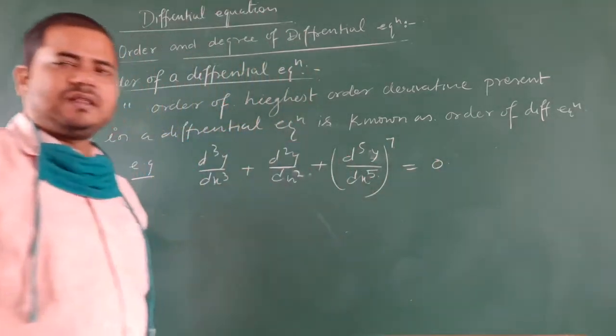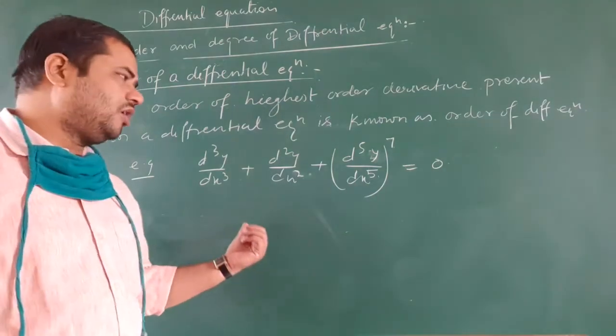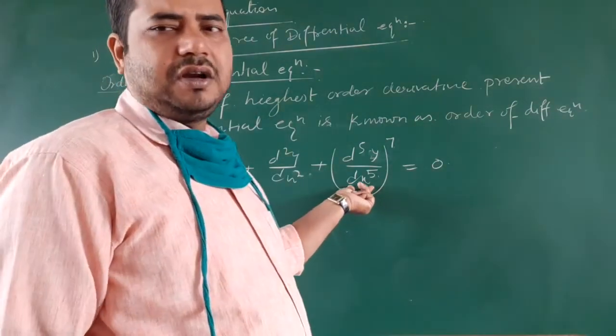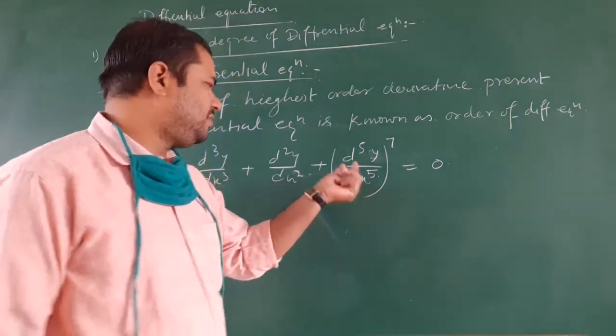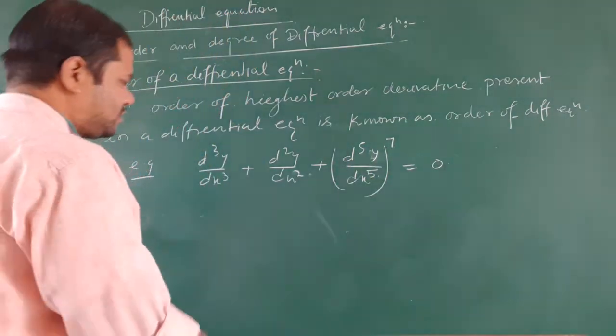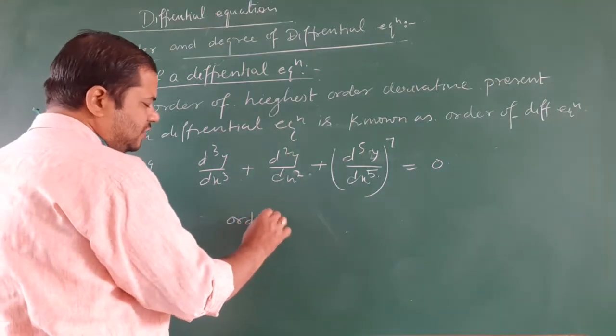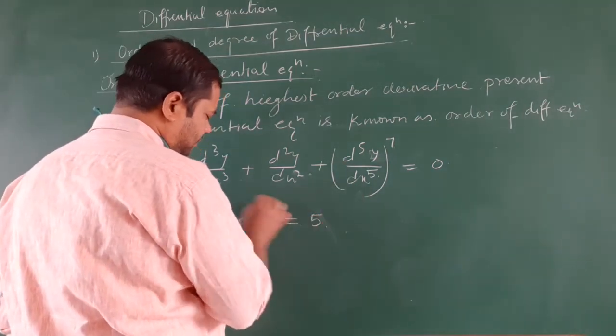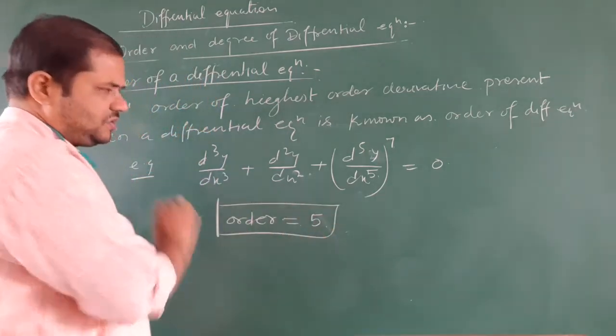Suppose this is the differential equation. Then what is the order of this differential equation? First you choose the highest order derivative. Which one is the highest order derivative? d5y over dx5. So the order is 5, because the order of this highest derivative is nothing but the order of the differential equation.